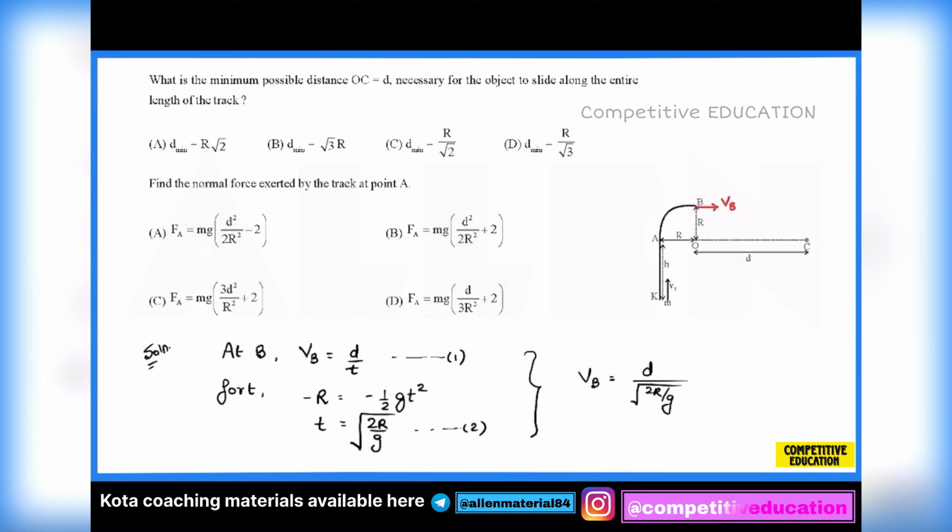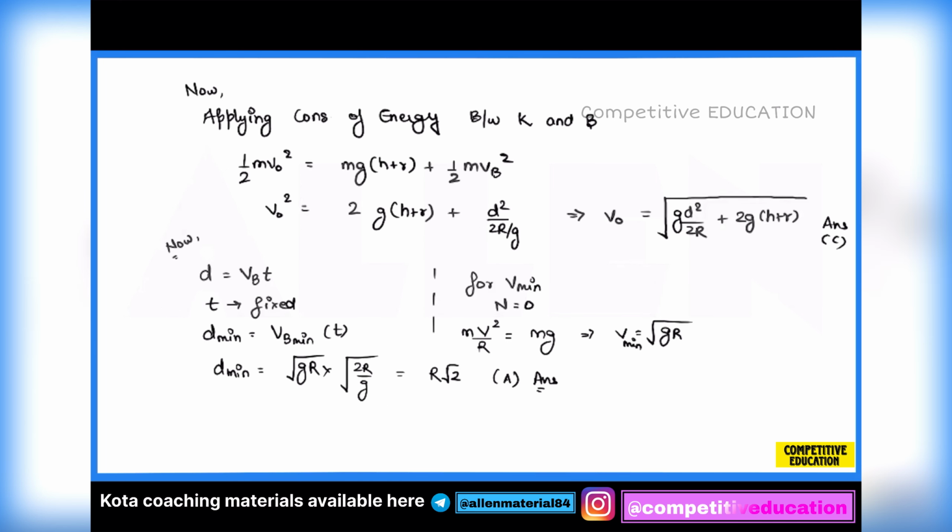And at B, the gravitational potential energy will be mg (h plus r). So initially it is half m v0 square, that is only kinetic energy, and at B it will be potential energy mg (h plus r) plus half m vB square, that is the velocity at B squared. Now I can write v0 square. m and m will cancel out, this 2 will go over here, so it will be 2g (h plus r) plus vB square.